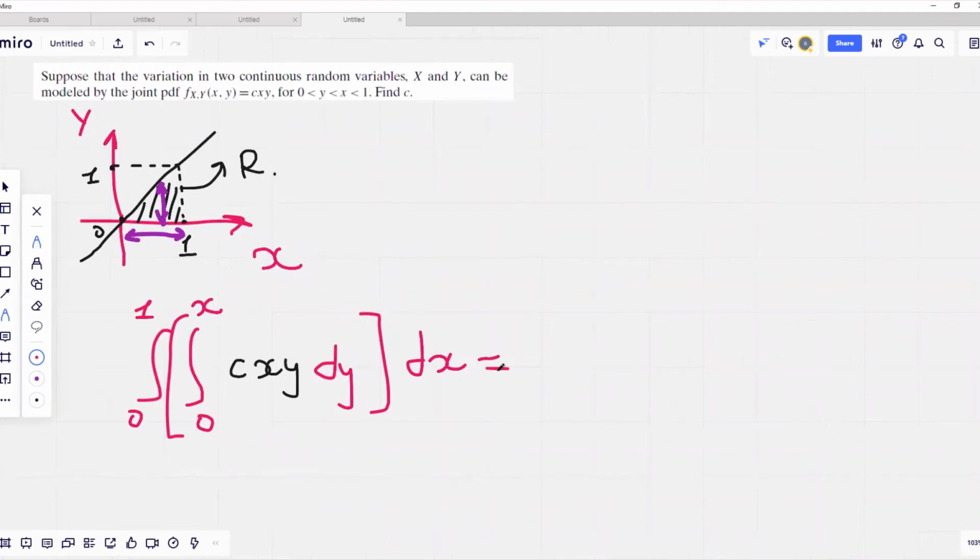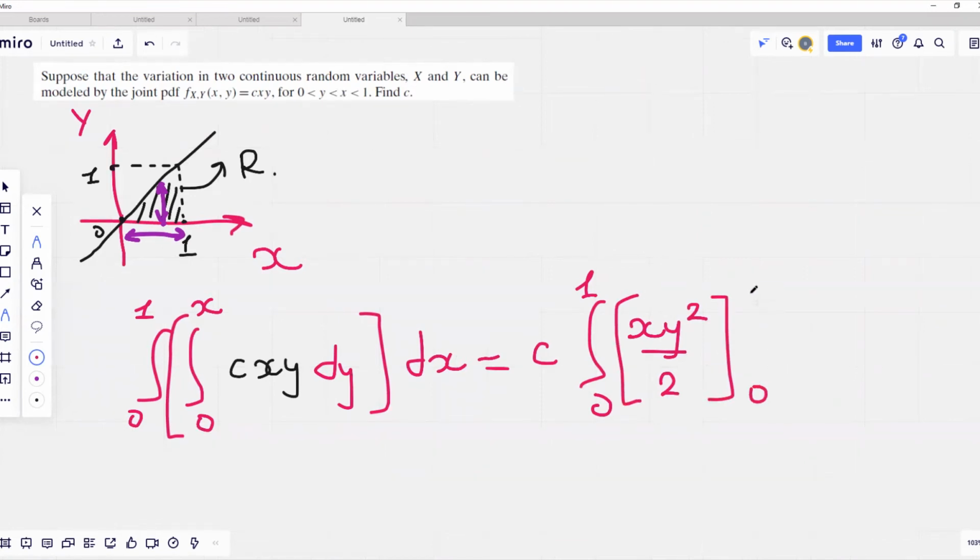Then this double integral is equal to, let's factor out c here, the integral from 0 to 1, then the integral from 0 to x of x y. When integrating that, we'll hold x as a constant. So we'll have y squared over 2, from 0 to x. These are values for y, from y equal to 0 to y equal to x.